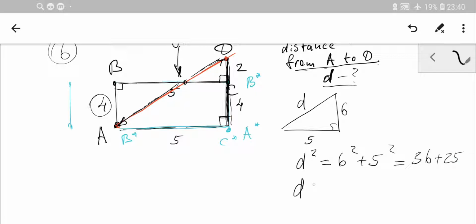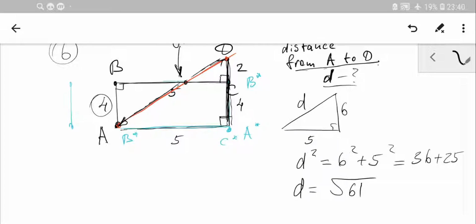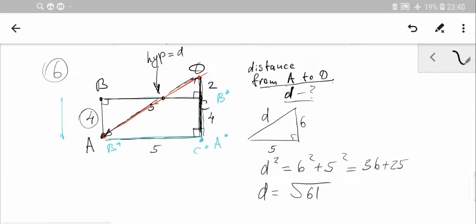So actually it becomes square root of 61. Okay, so that was the last word problem that I wanted to consider. And it was dedicated completely to Pythagoras and basically the ability to think and transfer parts so that you arrange a new shape. Okay, so one more time, useful tips in the end.